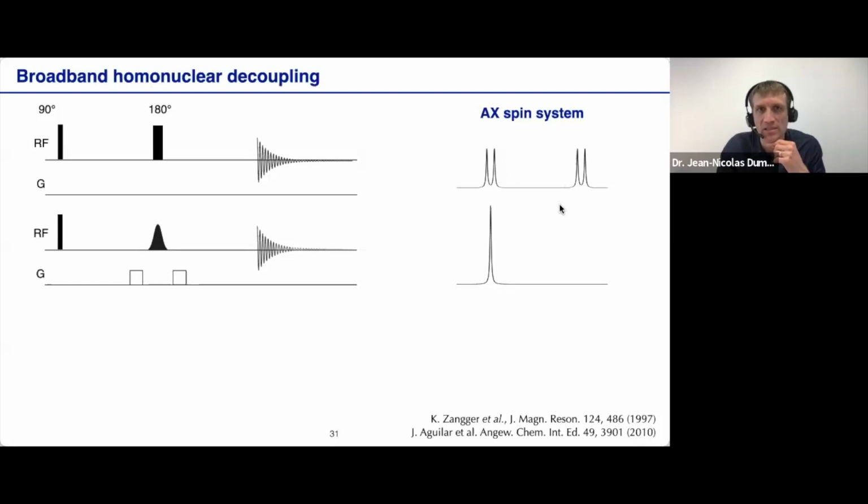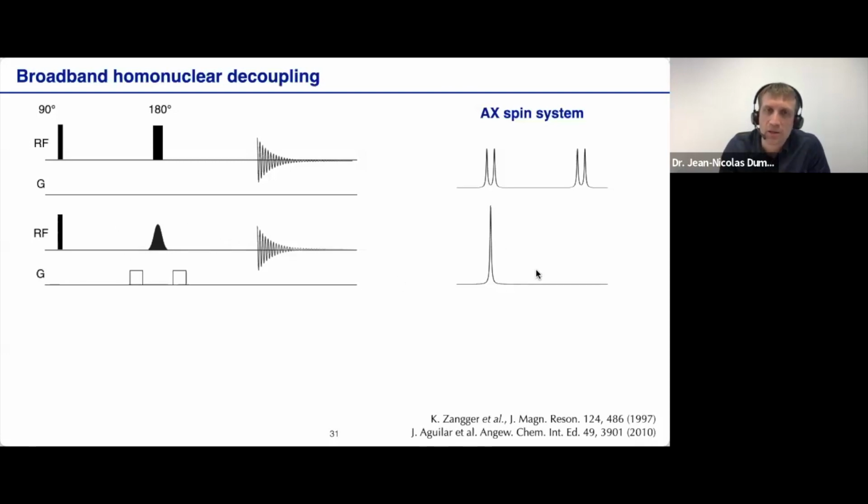Say we apply a frequency selective pulse on the A spin; that will crush the signal of the X spin. So we have just one of the signals left, but it will also refocus the effect of the J coupling between A and X over some period of time, and that is used in pure shift sequences to obtain singlets.